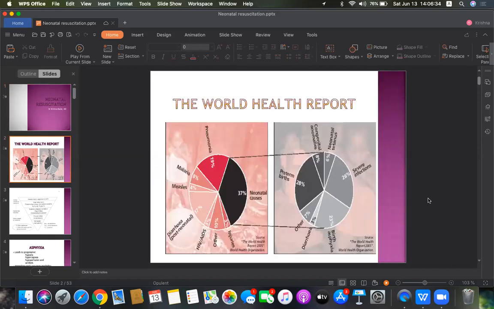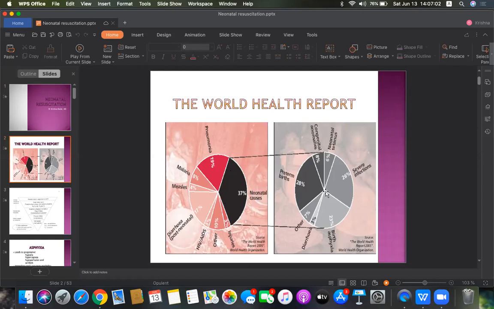Now, in the beginning, let me talk about the importance of neonatal resuscitation and which type of babies need it the most. Look at this health report. We focus on the neonatal causes of death. Among all babies, 37% of the mortality is because of neonatal causes.